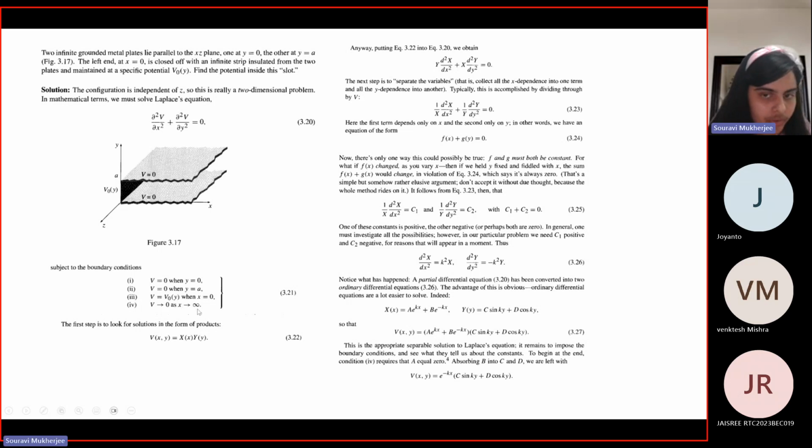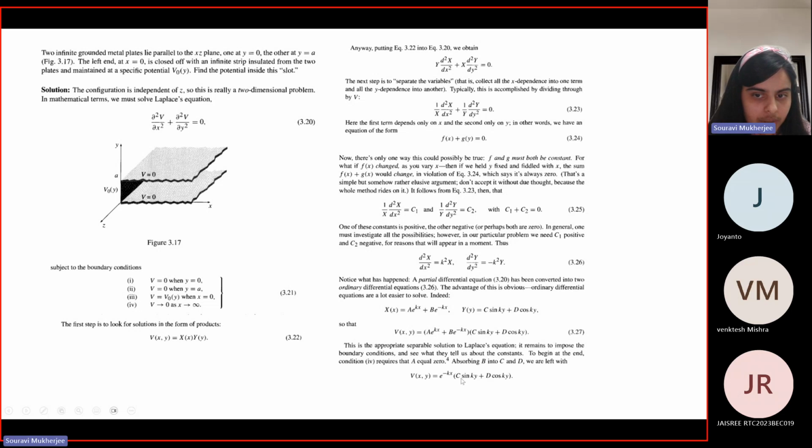So this is already telling us that if your A is a non-zero quantity, your potential cannot go to 0 as x tends to infinity. This term will exponentially rise. That means A should be 0 in order to satisfy the fourth condition.